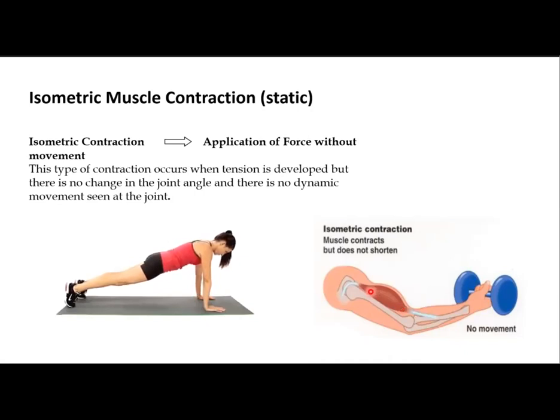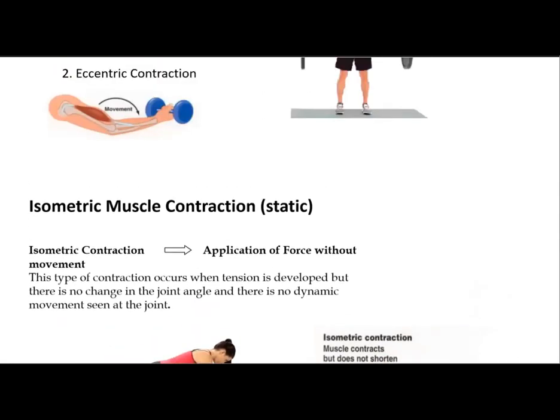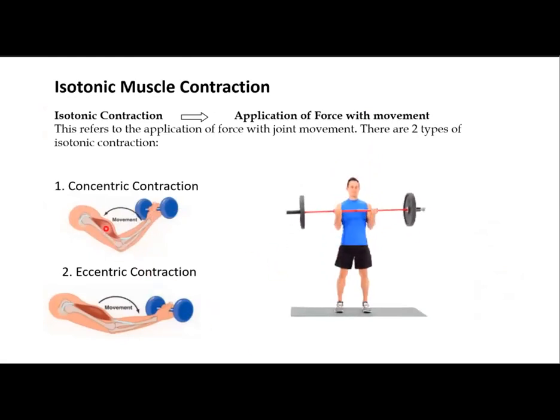The muscle stays at one length. It is shorter, of course, because it contracts, but it is not like here, where it's always short, long, short, long, short, long. So if you would hold the bicep like this and it would always stay, it would be an isometric muscle contraction, okay?